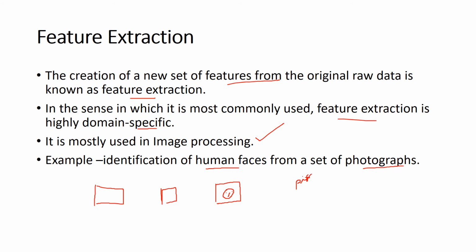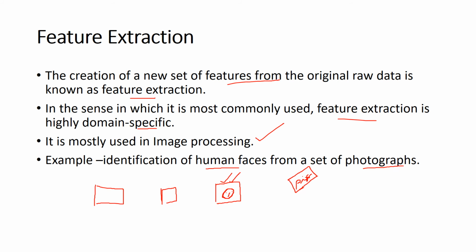Pixels are going to be the input that we're going to have generally as far as the data set is concerned. But to identify the human face, the edges are going to be very important. The edges of the face are going to be very important. So what we are going to do is from the pixels we are going to extract this feature of the edges of the face.